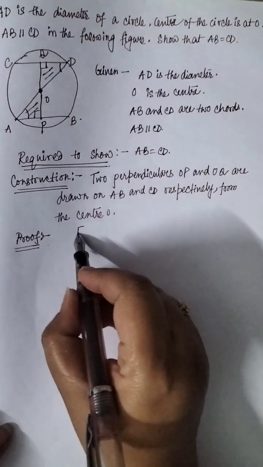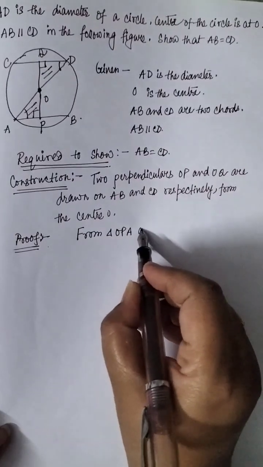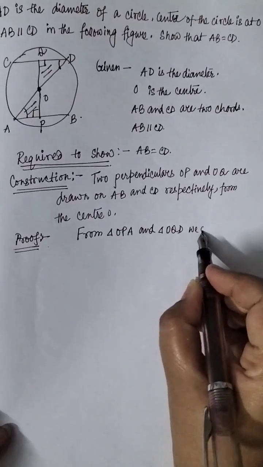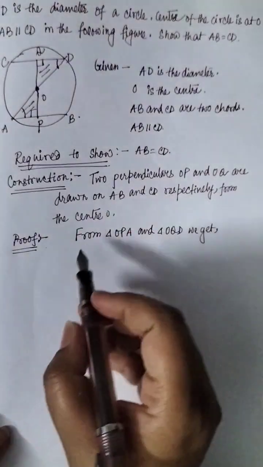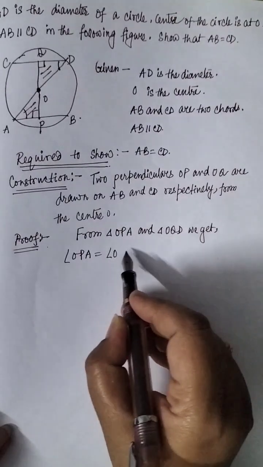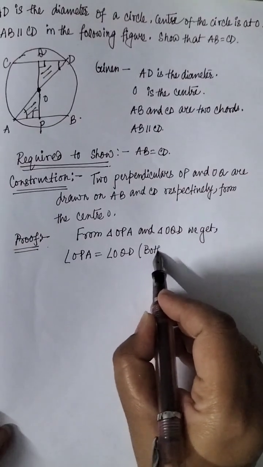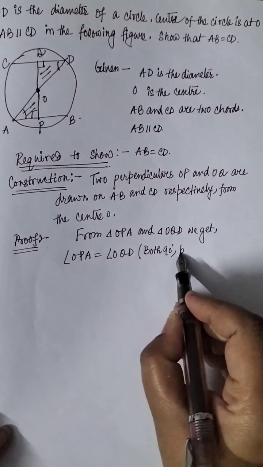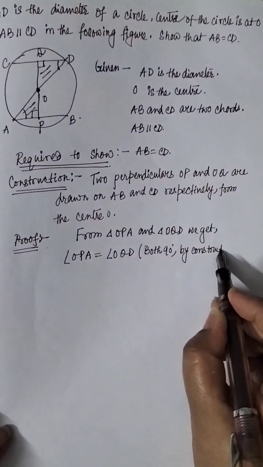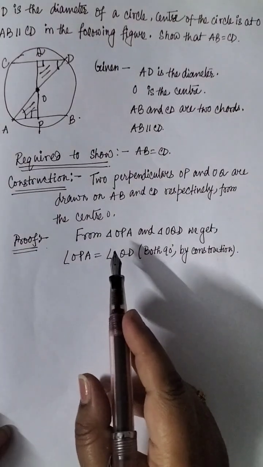From triangle OPA and triangle OQD, we get angle OPA equals to angle OQD, both 90 degree by construction.